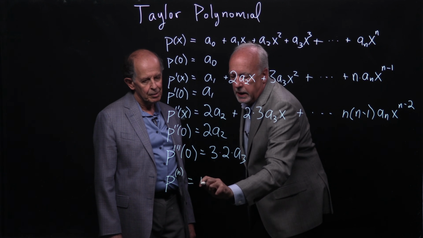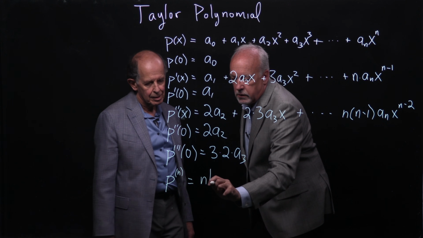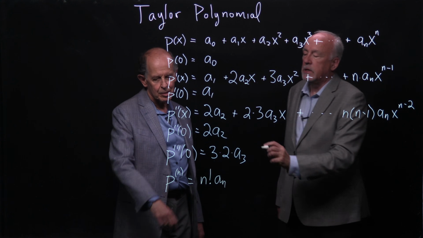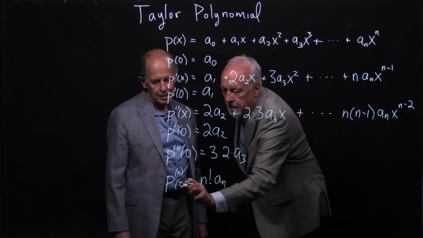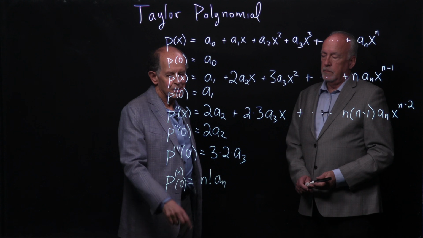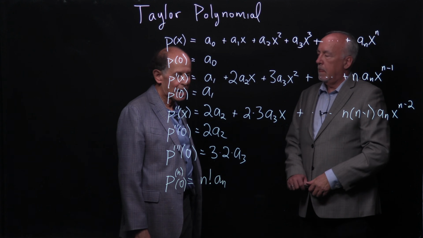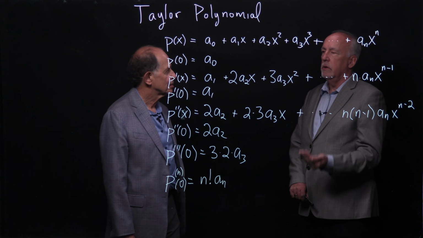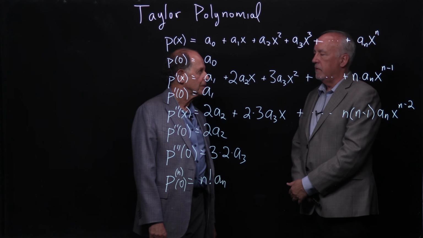So I think n factorial, that's right, times an. P at 0. That's just the pattern. So we have the pattern here for any n. Now, remember what we said about the Taylor polynomial. We want its derivatives to match the derivatives of f.